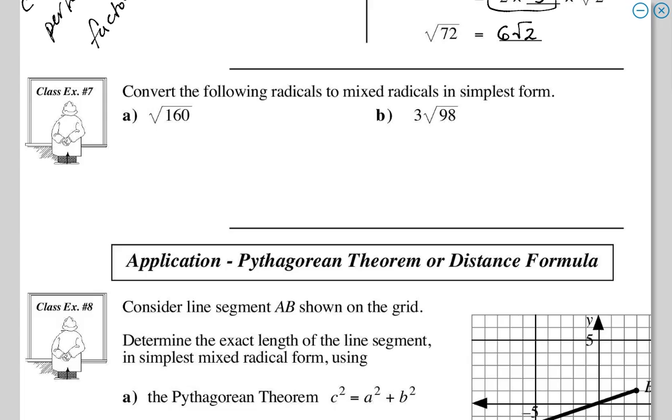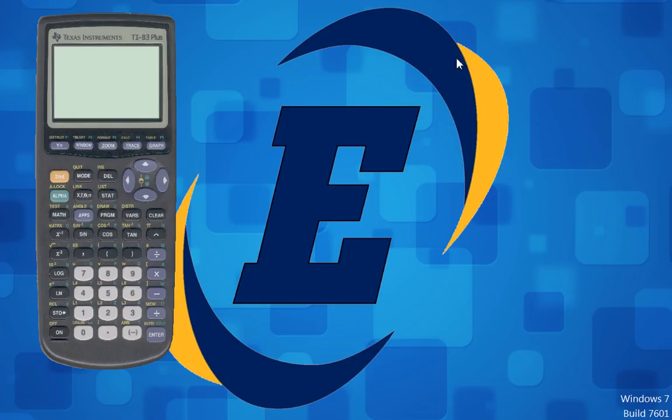All right, so let's try these ones. The square root of 160. I'm just going to whip out the calculator for this. 160 is a kind of weird number, right? Now I know what the answer is because it's not that big, but this is the process.